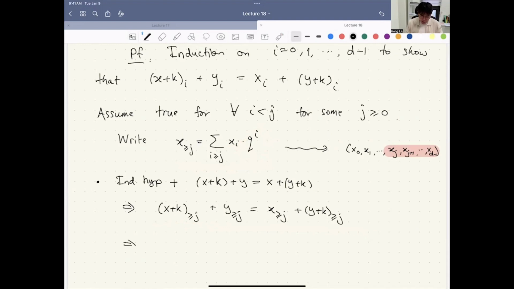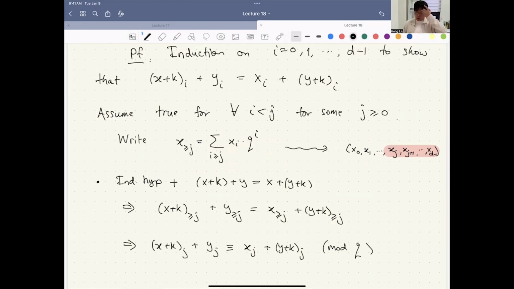So this implies their smallest digits, x plus k j plus yj equals xj plus y plus k j mod q.